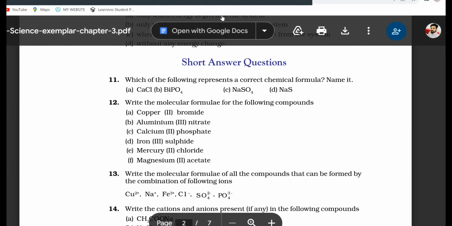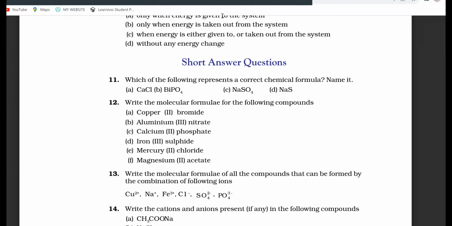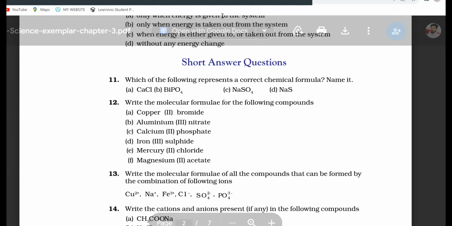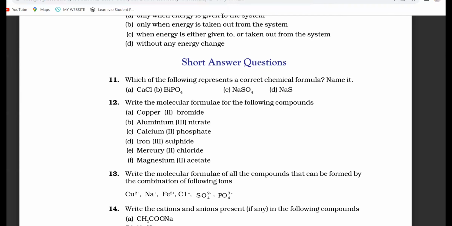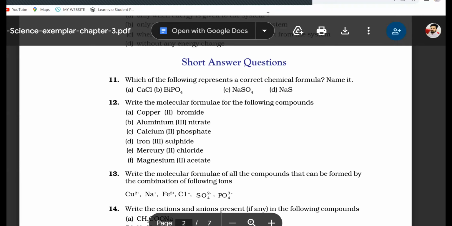Yes, sir. So check which of the following is an incorrect formula and name it. Check whether calcium and chlorine, when they meet together, will form CaCl or some other formula. So check it.